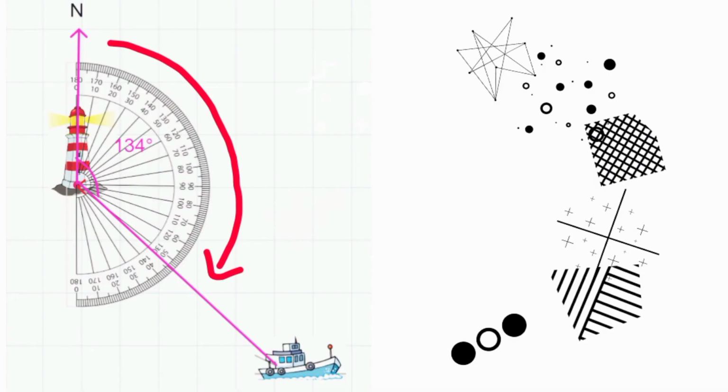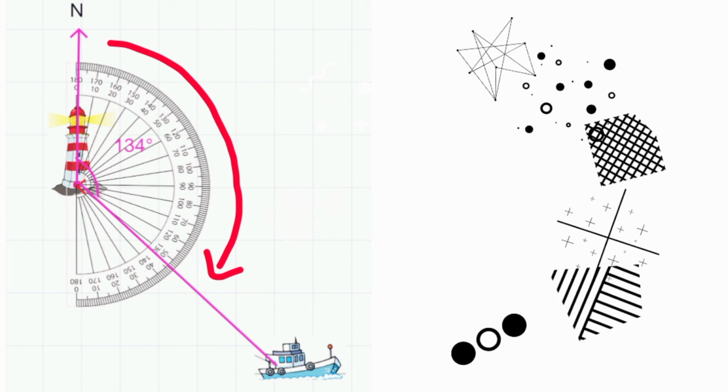Well, now in this example we can see a lighthouse and a boat sailing. We have to find the magnitude between these two. The lighthouse is towards the north and the boat is down, in the south east west part. So we can see the magnitude by keeping the protractor in this manner, as shown in the figure. You have to start reading from the 0 in the inner scale of the protractor.